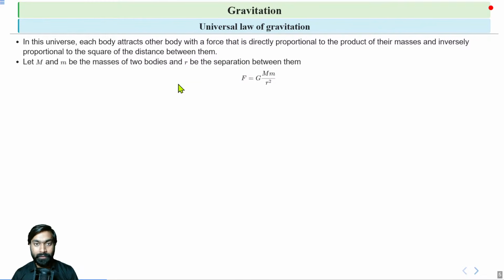So one body has mass capital M, the second body has mass small m, and the distance between the bodies should be r squared. So the formula to calculate the force between two bodies is F equals G times capital M times small m divided by r squared. Alright everyone, so this is the universal law of gravitation.